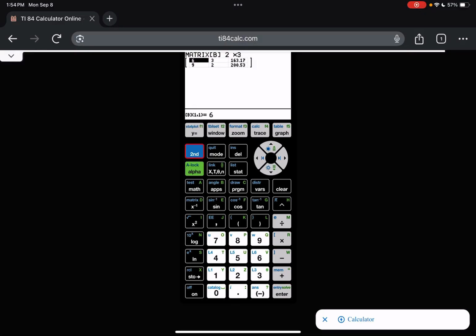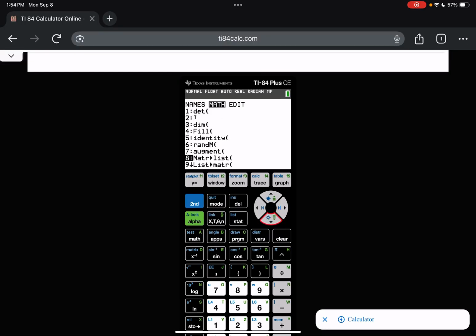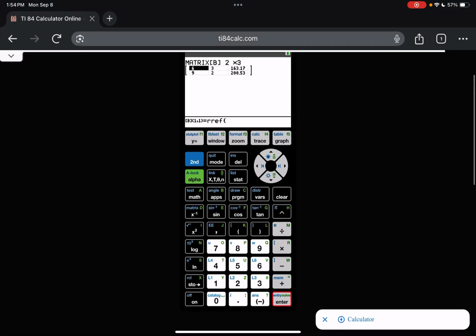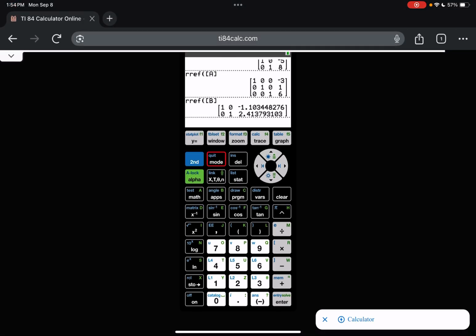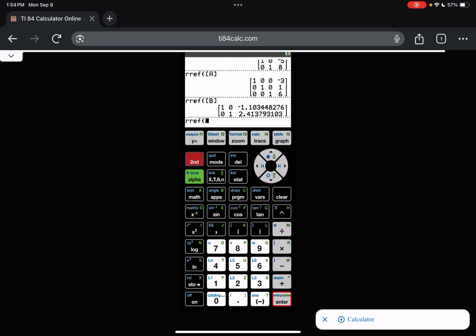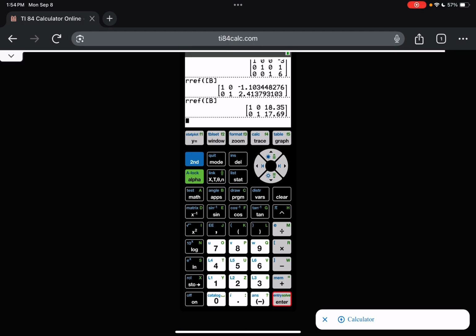You can go second matrix, math, RREF, enter. Nope, sorry, so we want to back out of there first. Second matrix, math, RREF, second matrix, B, press enter.